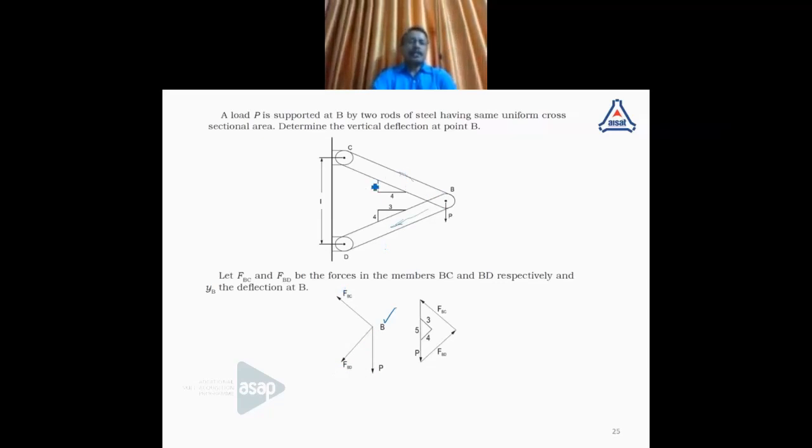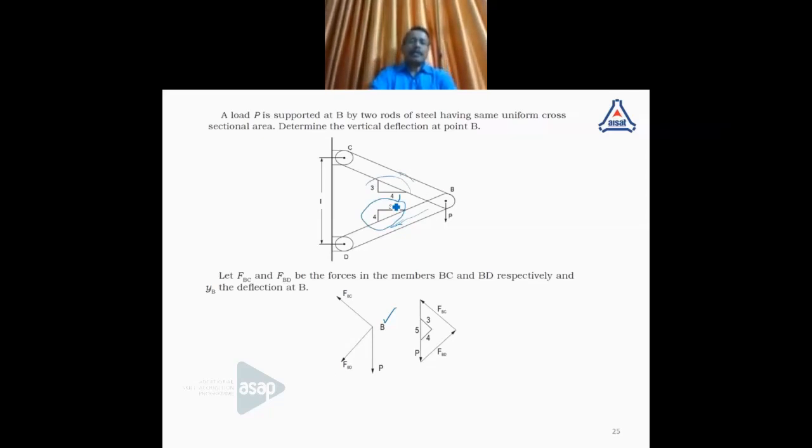Considering the slope of BD and BC, we can draw the free body diagram as a force triangle like this.